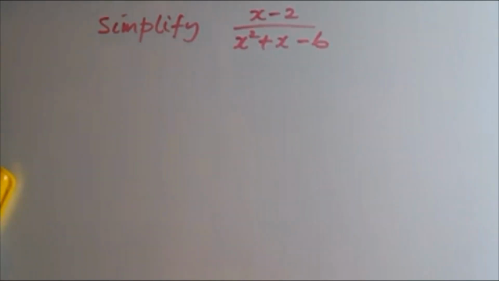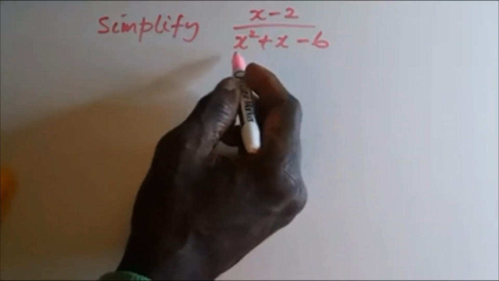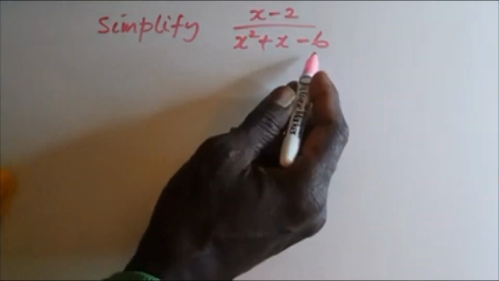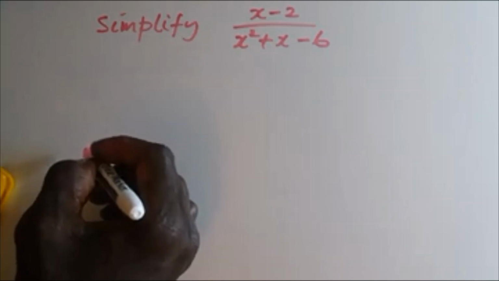Here's another algebraic fraction. So we can't do anything with the numerator, so it must be the denominator that we should be looking at. And we can go ahead and factorize the denominator. If we look at the product of a and c, a is 1, b is 1, and c is negative 6.